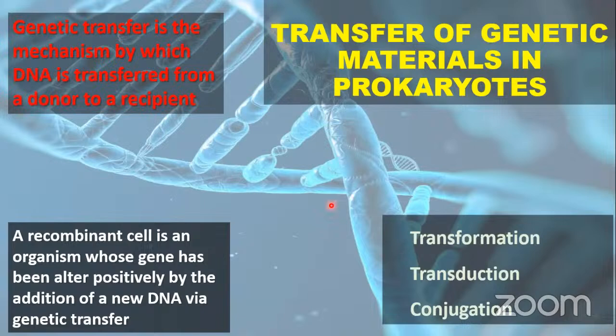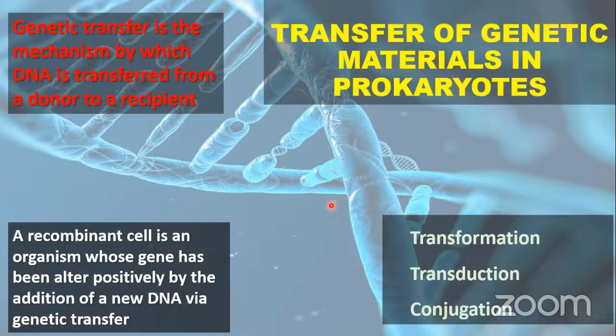That is how many bacteria acquire new DNA, including fungi. They acquire new DNA through the process of conjugation. Now, when asked the most prominent method of genetic transfer in bacteria, we all know that it is conjugation.